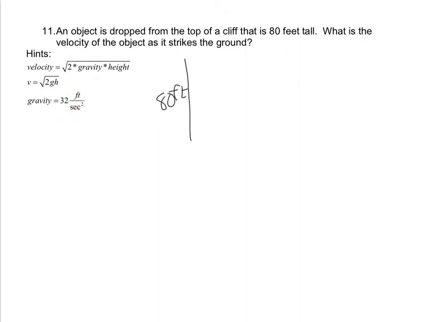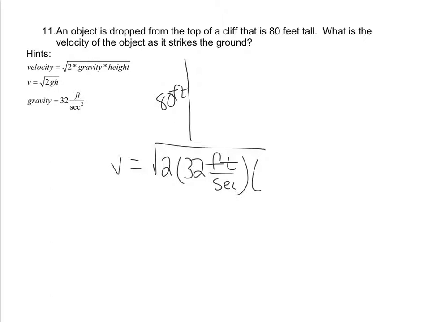Gravity is 32 feet per second squared. So we want to say the velocity equals the square root of 2 times 32 feet per second times 80 feet.